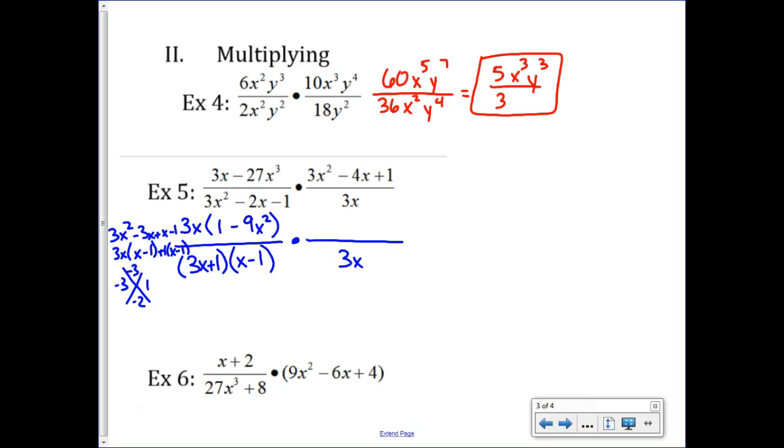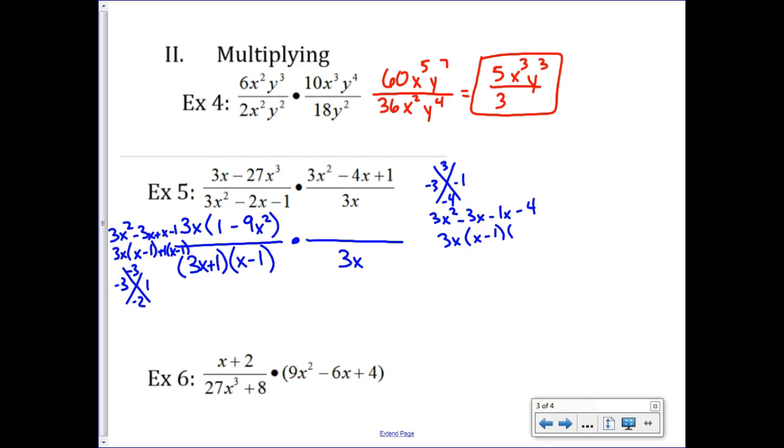And then I have 3x squared minus 4x plus 1. So I needed to multiply to 3 and add to negative 4. So negative 3, negative 1. So I have 3x squared minus 3x minus 1x plus 1. So I have 3x taken out, so I'm left with x minus 1.